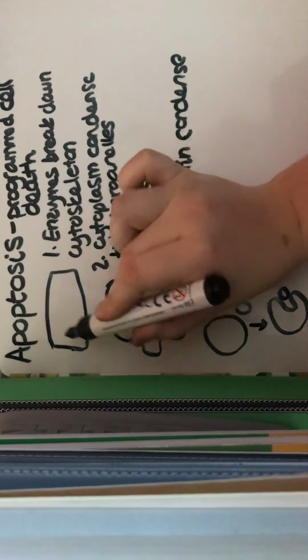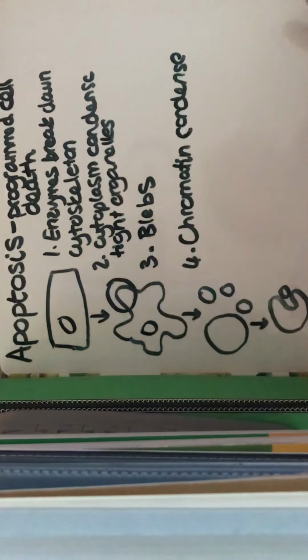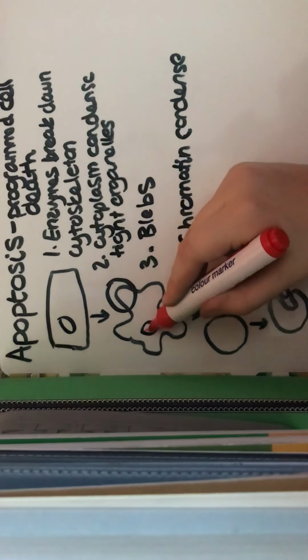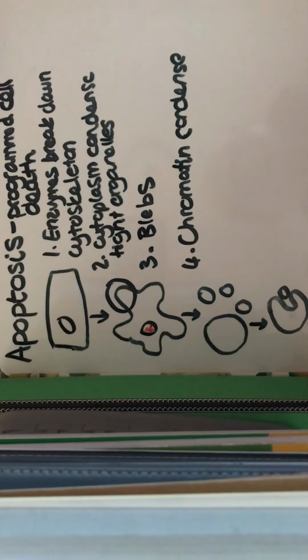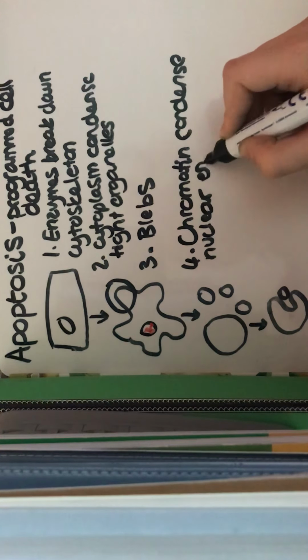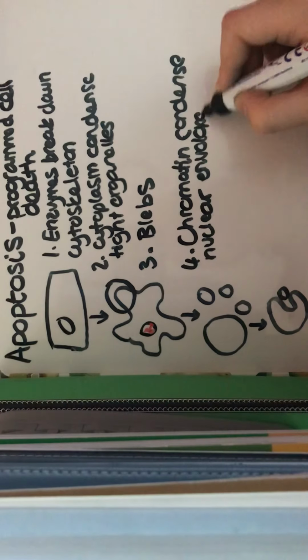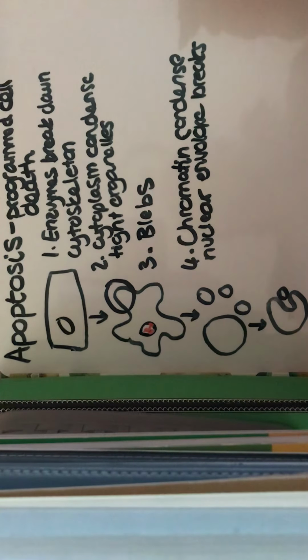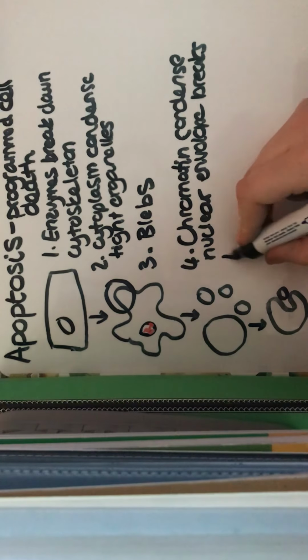So if we had our nucleus here and a nucleus here, we might not be able to see the actual chromatin here, but we would here. So chromatin condenses and the nuclear envelope breaks, and DNA breaks into fragments.